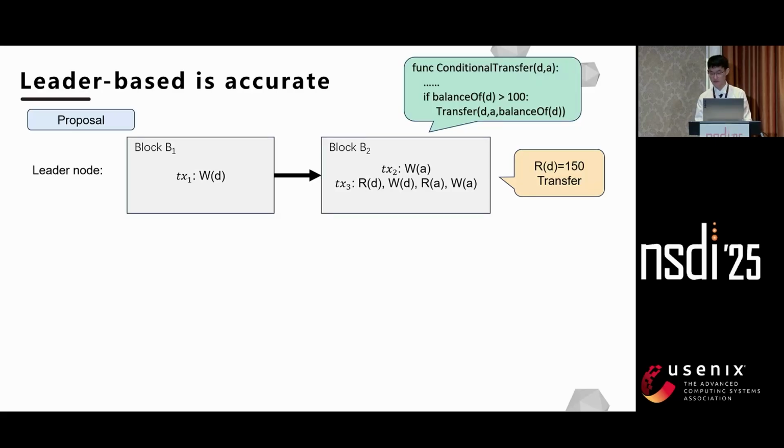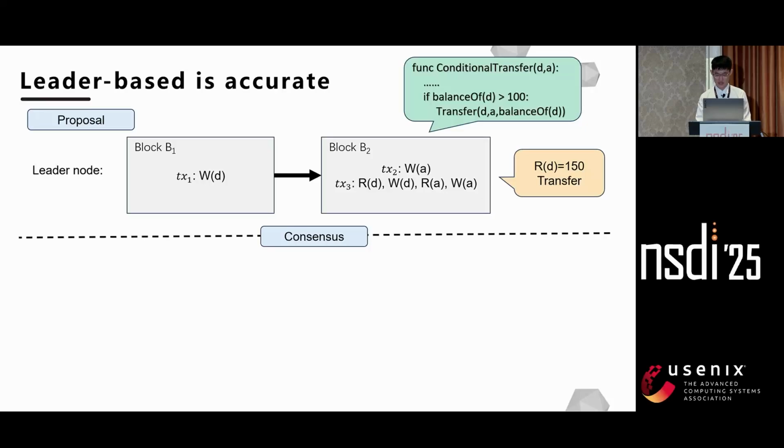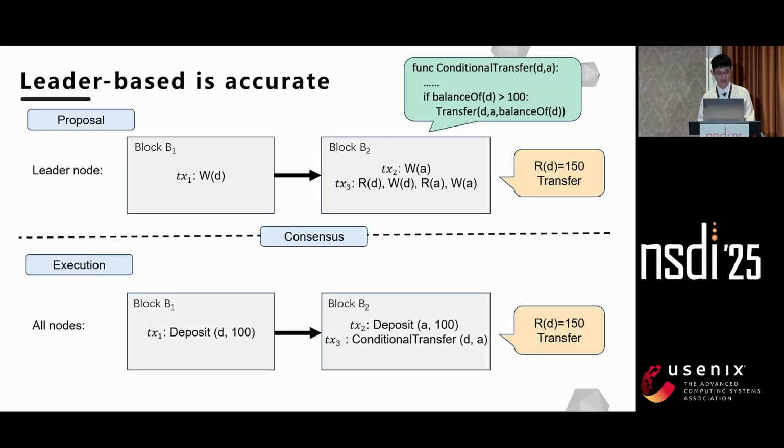When executing TX3, there is enough balance in account D, so TX3 will continually transfer balance to account A. We can get the read and write sets for the above transactions. TX1 writes key D, TX2 writes A, and TX3 reads D, writes D, reads A, writes A. Then we propose to the consensus.